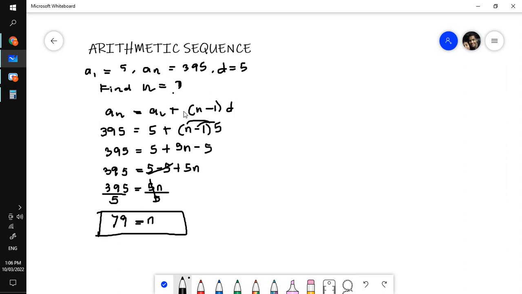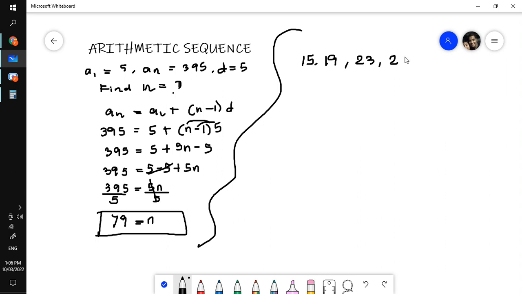Now, if we do have a method on how to find the missing terms in a sequence, we also have a method on how to get the formula of a particular sequence. So suppose I have here the sequence 15, 19, 23, 27. Okay, how am I going to get the formula of this sequence? That is by using this form.